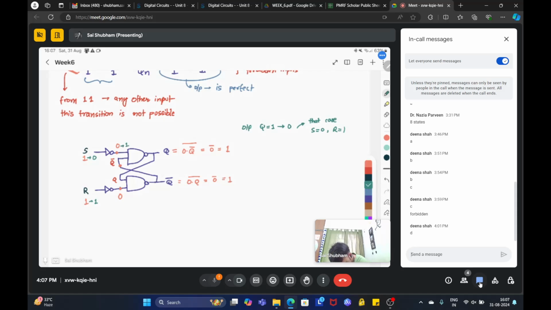This will become 1. So here you have 1 as an input, so the output will be 0. Now this 0 will make this point from 1 to 0 because initially it was 1. So this output will be 1.